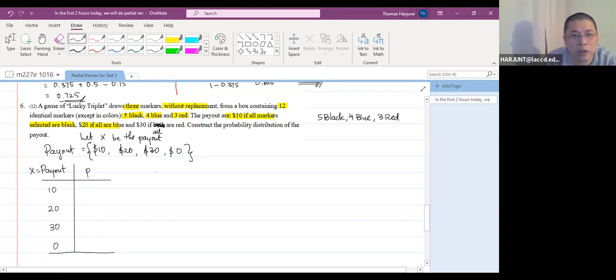Now let's compute it here. Probability that the payout is 10 means you have 5 black and 7 not black, right? You need to get 3 from here and nothing from here. What's the probability? That will be 5 choose 3 times 7 choose 0 over 12 choose 3.